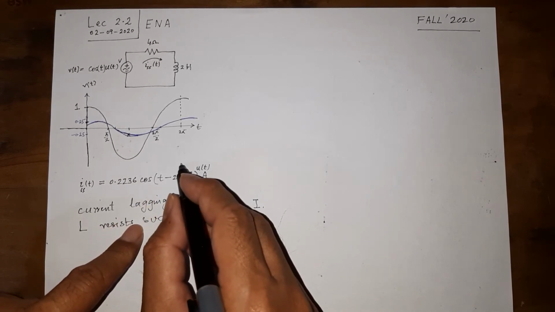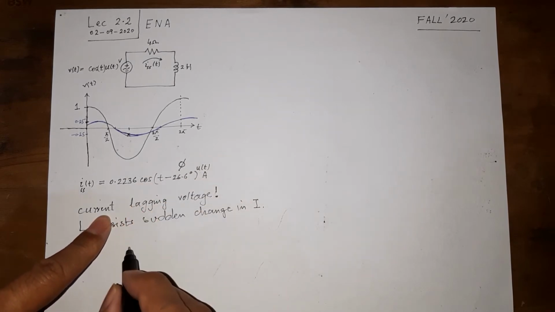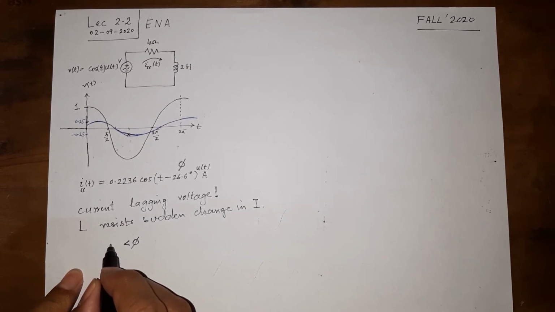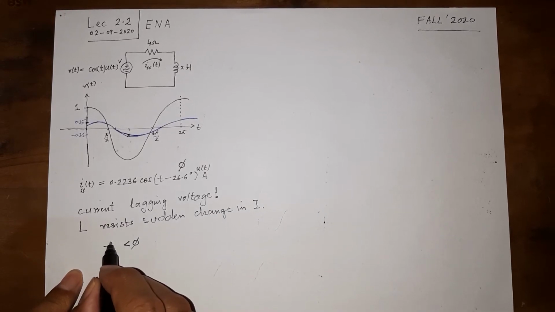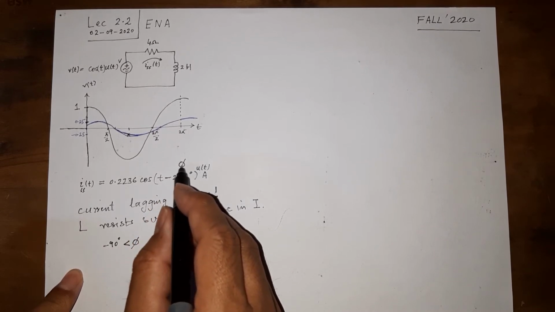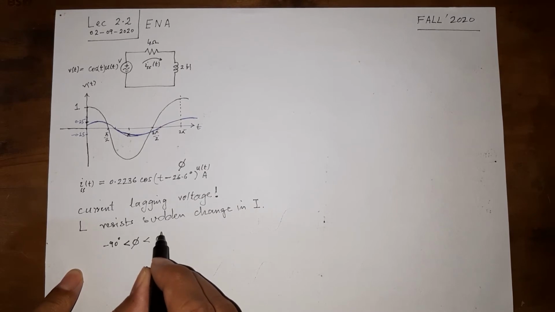So whatever this value of phi is, this phi for an inductive circuit will always lie between minus 90 degrees, I'm taking this negative sign in the phi as well, and 0 degrees.